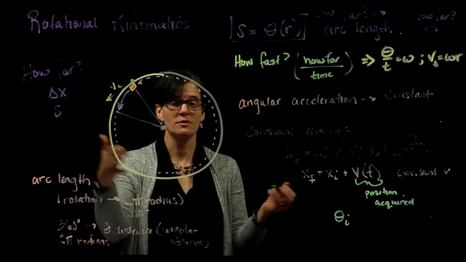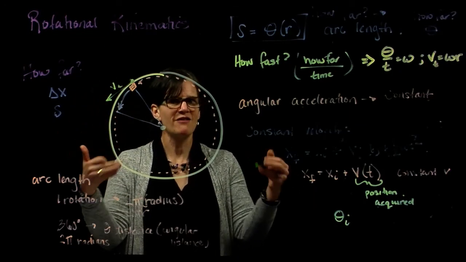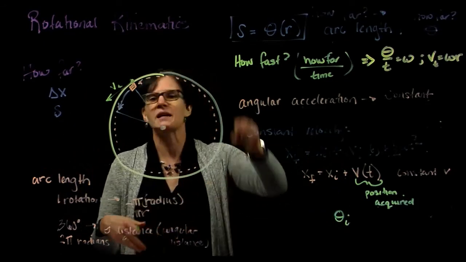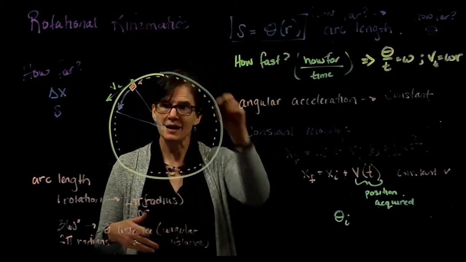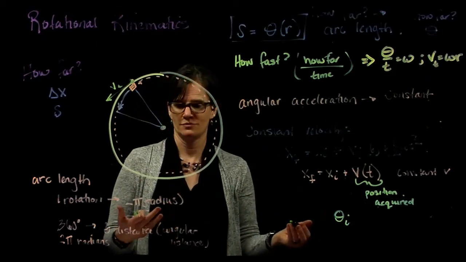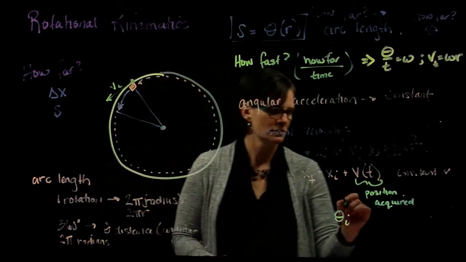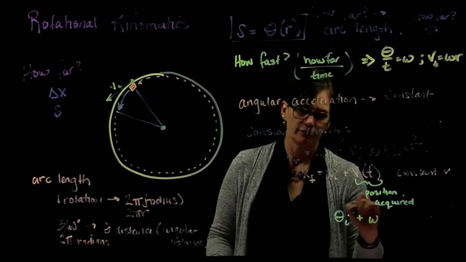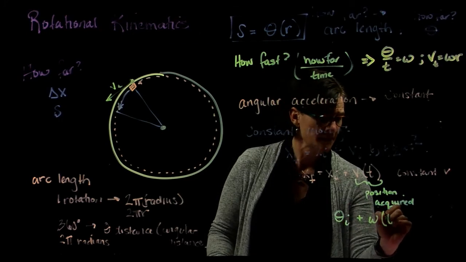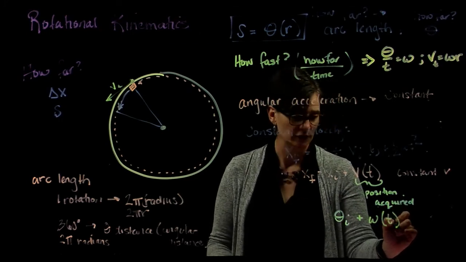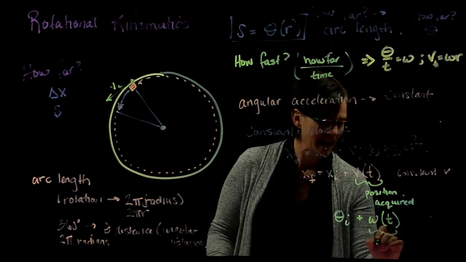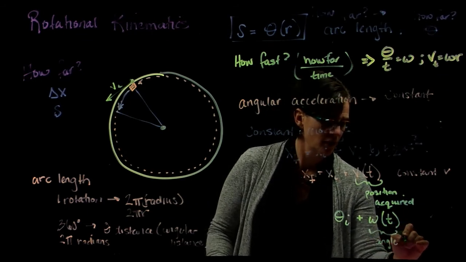I'm rotating for a certain amount of time, and how fast I'm rotating and for how long is going to tell me how much angle I go through. So my angular velocity times however long I'm doing that angular velocity is going to be my angle acquired.